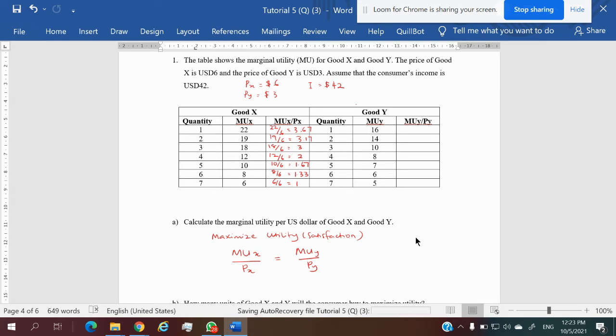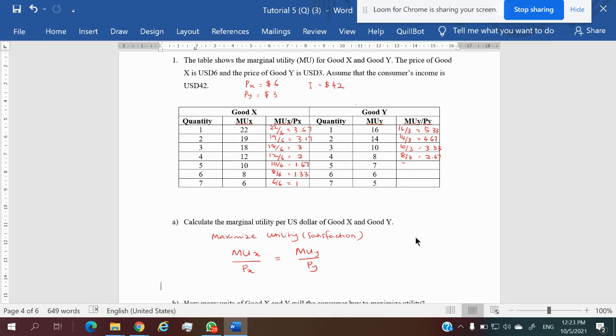Okay, so this is the MUX over PX for good X. And then for good Y, we also have to calculate the same way. 16 divided by the price of Y, which is 3, the value is 5.33. 14 divided by 3, 4.67. 10 divided by 3 is 3.33. 8 divided by 3 is 2.67.